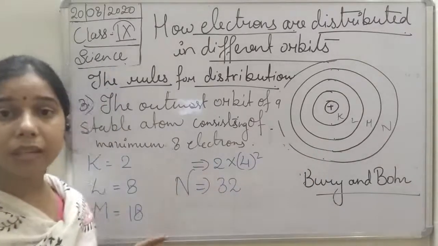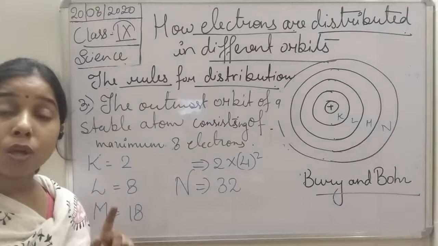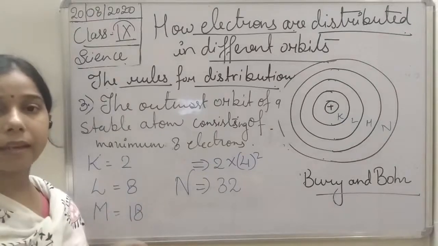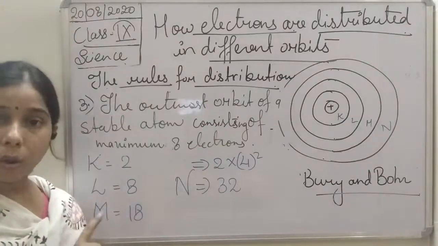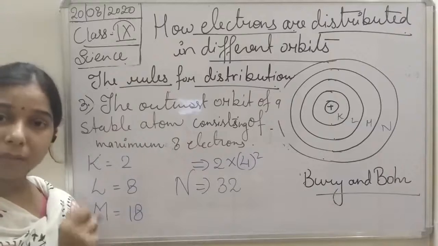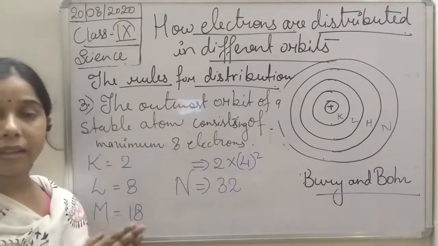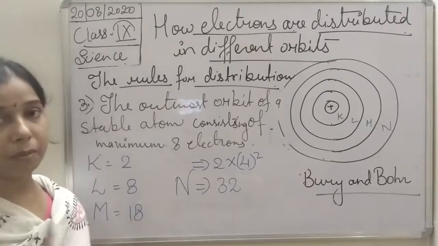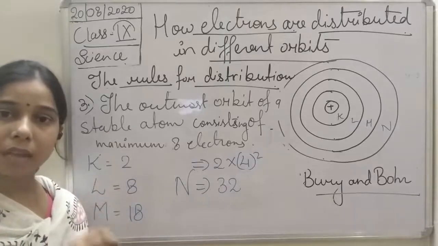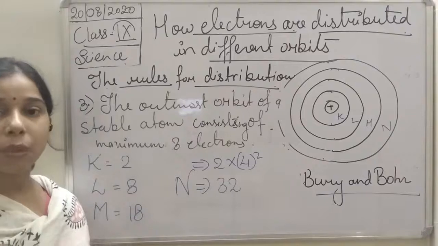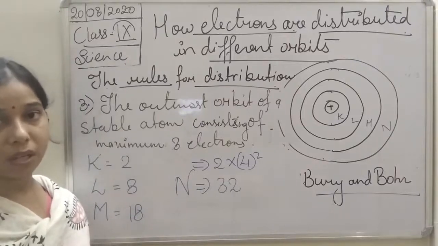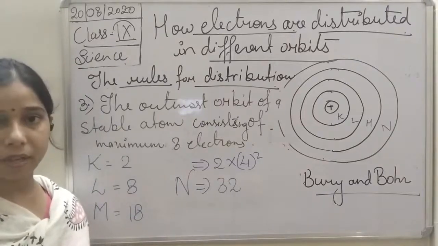So the K shell has the lowest energy, and the electron will first enter the K shell. Because it has the minimum energy, it will start filling that shell, and then it will move to the shells having more energy, up to the maximum energy.